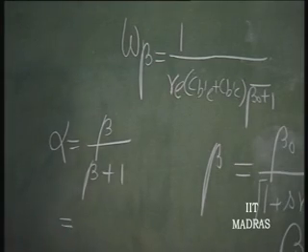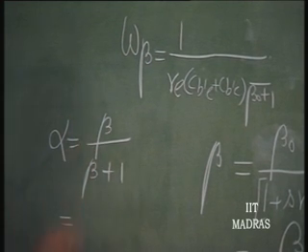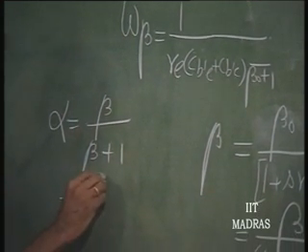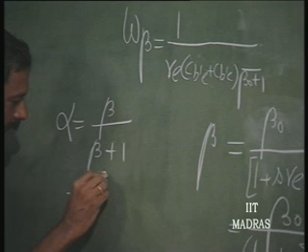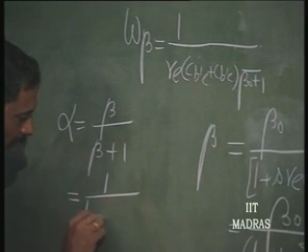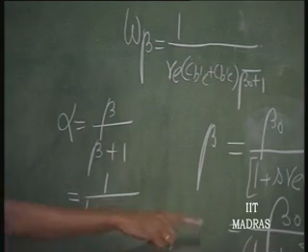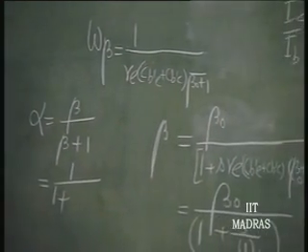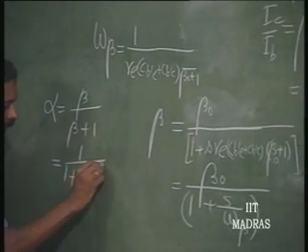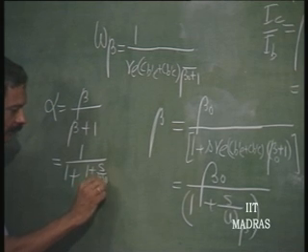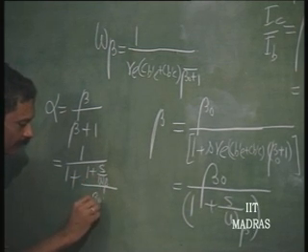So, this is equal to, let us write it as 1 by 1 plus 1 over beta. 1 over beta here can be substituted from this as 1 plus S by omega beta divided by beta naught.